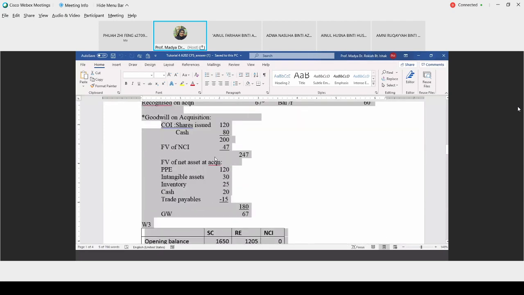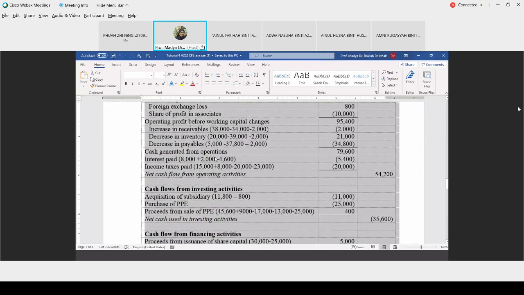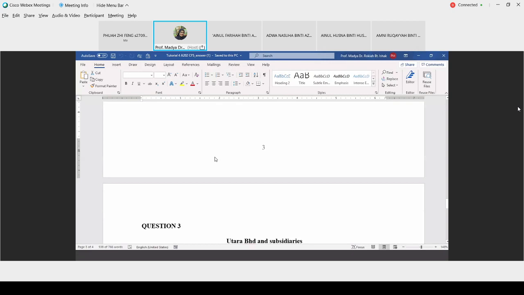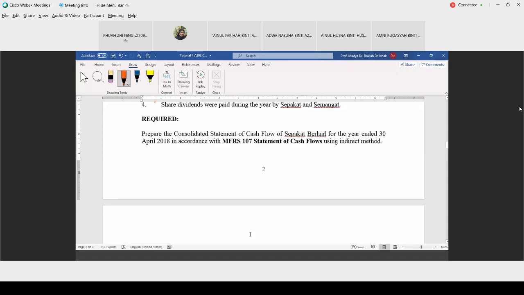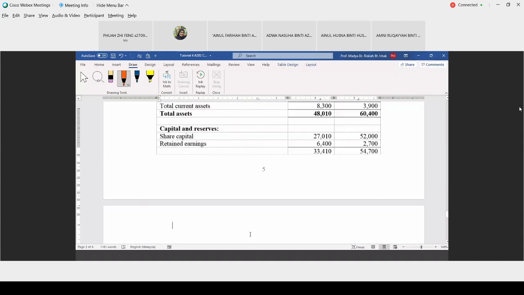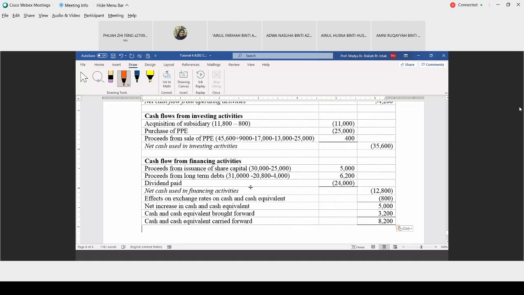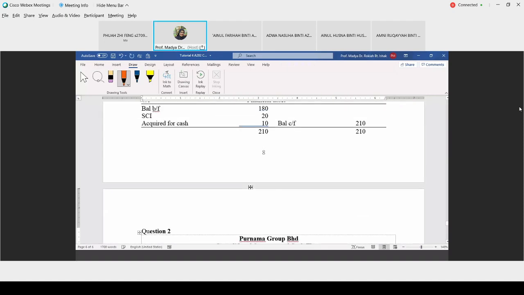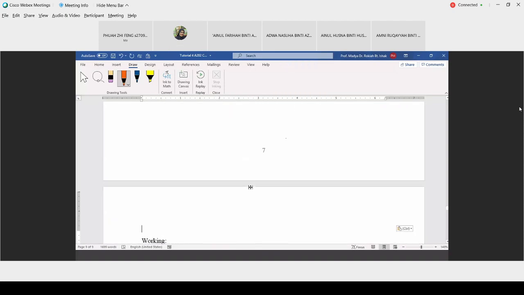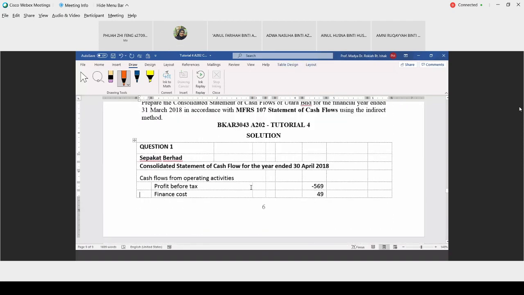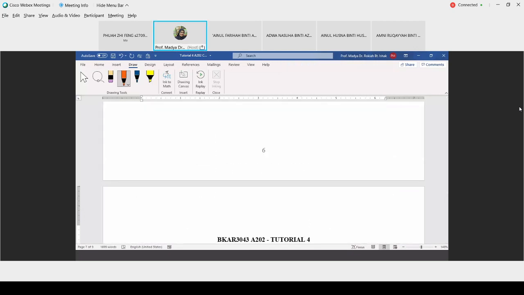Wait for this one, I just want to combine the file. I already combined this one, but I don't know what happened to this file. I cannot find this file. So wait for a while.